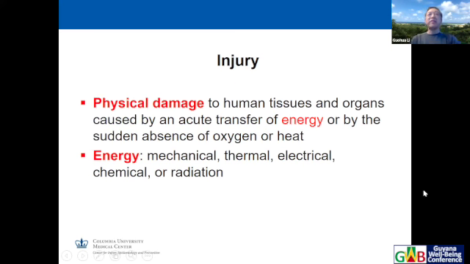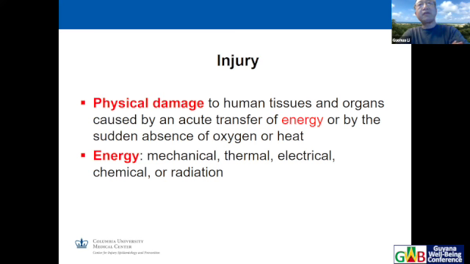So what's injury? Injury is medically defined as the physical damage to body tissues and organs, resulting from the acute transfer of energy or by the sudden absence or blockage of oxygen or heat necessary for, say, the human body to function. This definition has a few keywords.